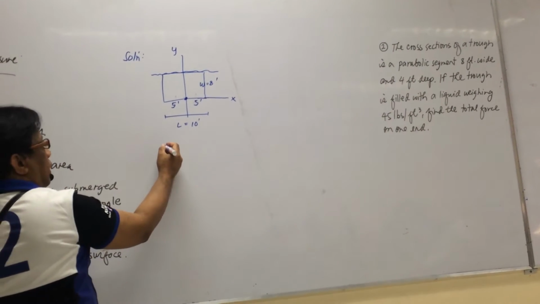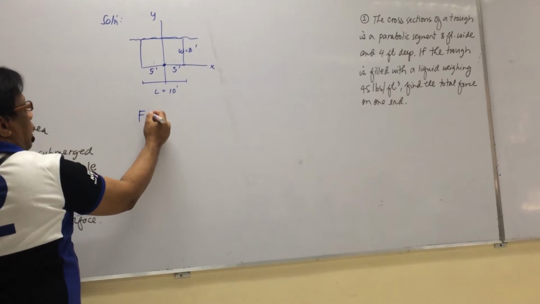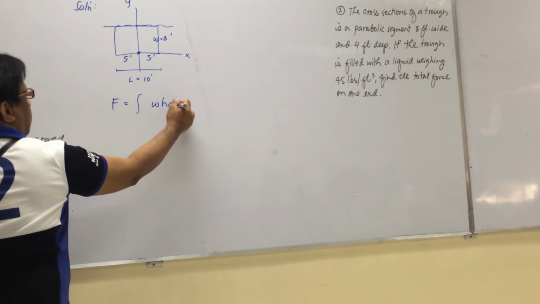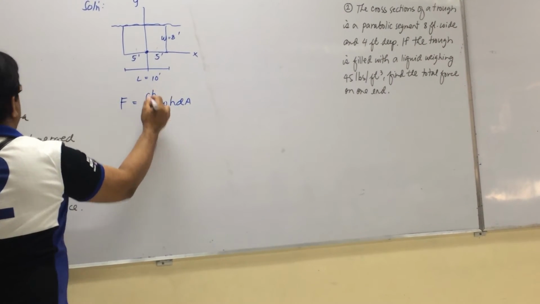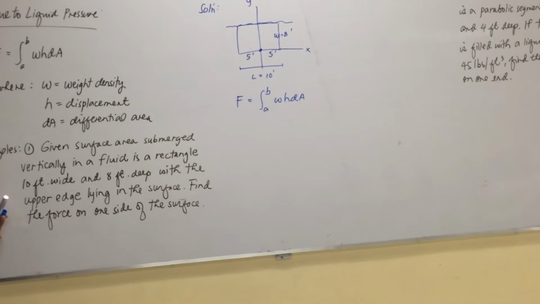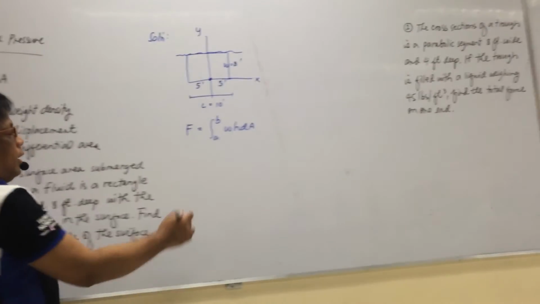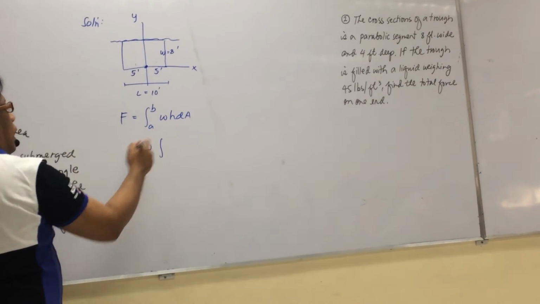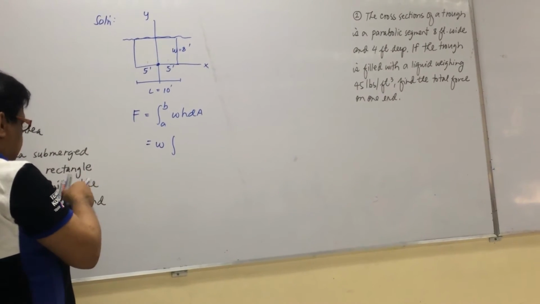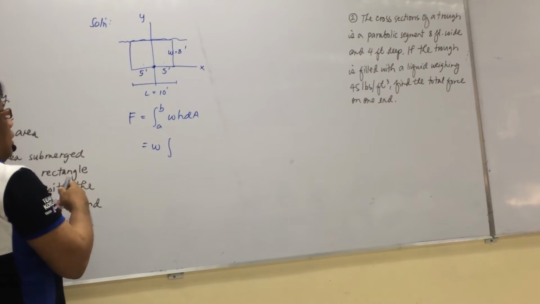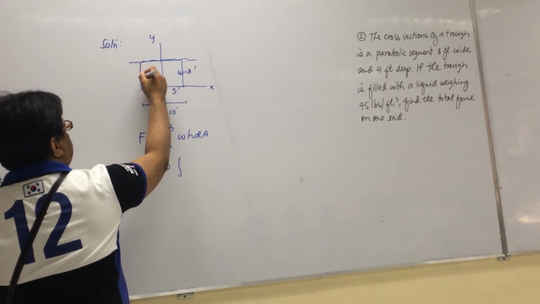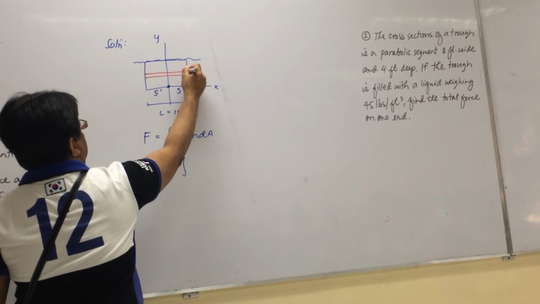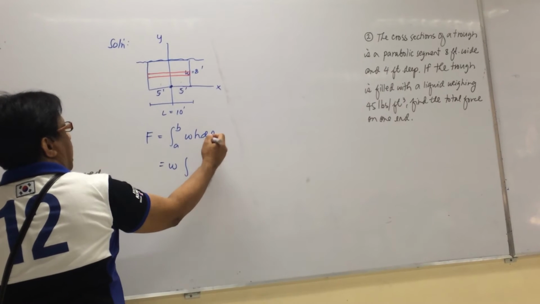So, in defining the force due to the liquid pressure, we have the integral of W h dA from a to b. We are not given the weight density, so our answer is expressed in terms of weight density. Then what will be the height? The height is taken from this position where we have a strip, and this strip will define the differential area.